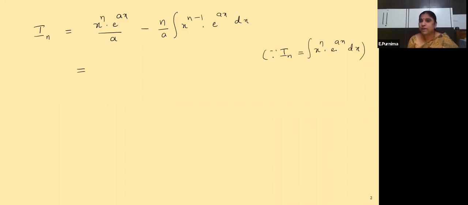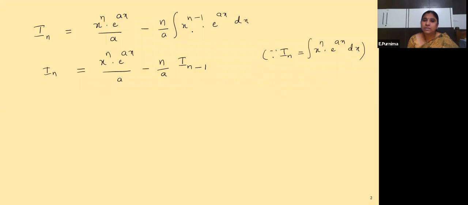In place of e power ax, we have e power ax only. In place of x to the power of n, we have x to the power of n minus 1. So can I replace this function, integral x to the power of n minus 1 into e to the power of ax dx, as I n minus 1, understood? Because here in In we have n, and here we have n minus 1.